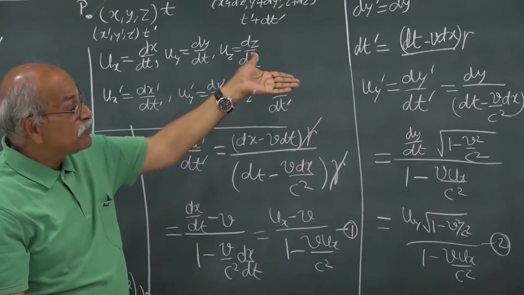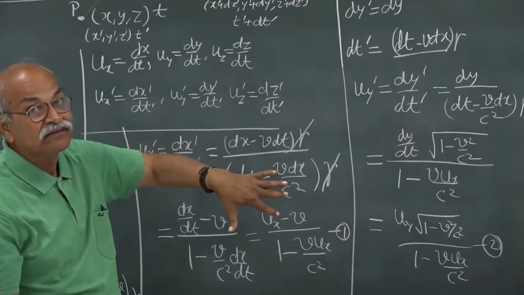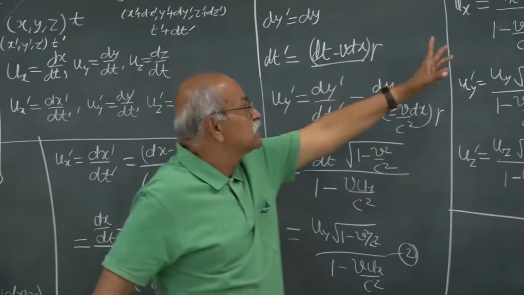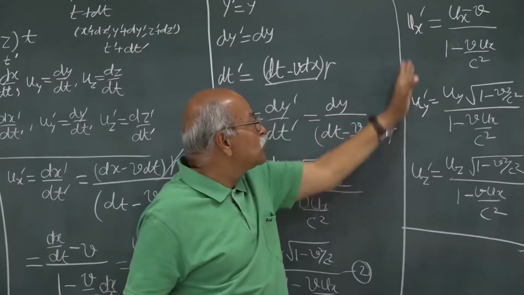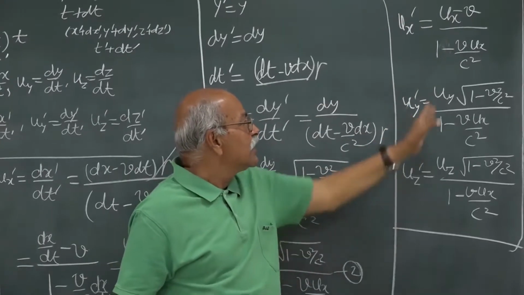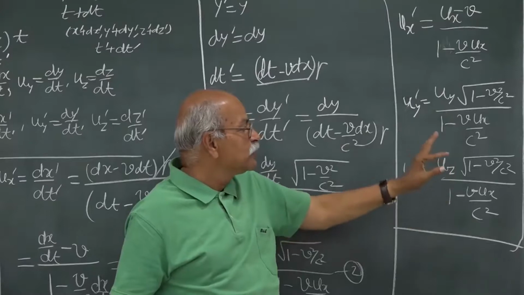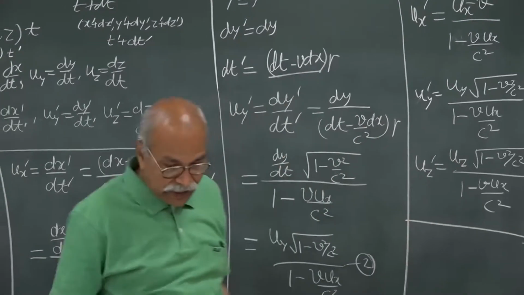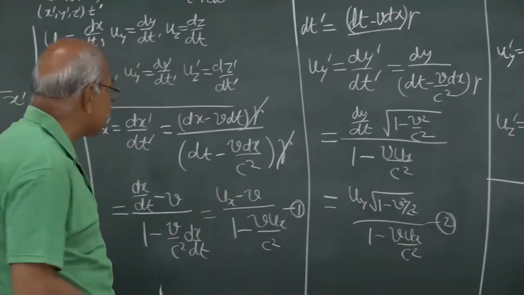If you change from S prime to S, the only thing you have to do is change primed quantities to unprimed and unprimed to primed, and put minus v in place of v. So you get the inverse transformation from there.